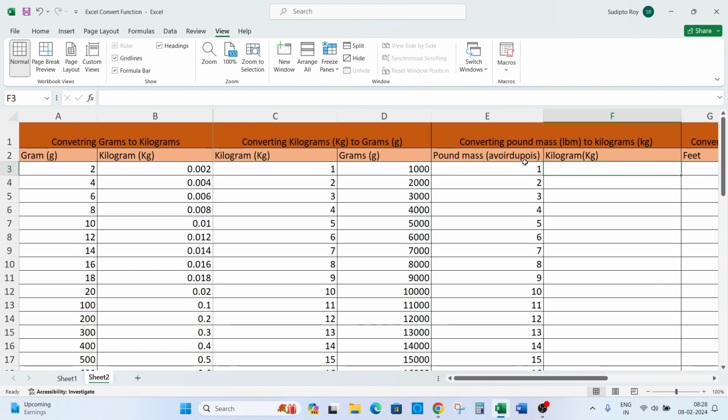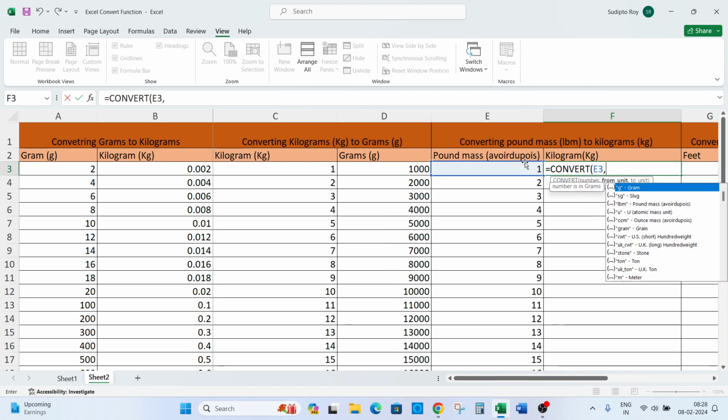Again, we will use the function, converting one. Now what are we converting? We are converting mass, which is lbm here. So within double quotes, I'll put in lbm, and I will convert this into "kg".